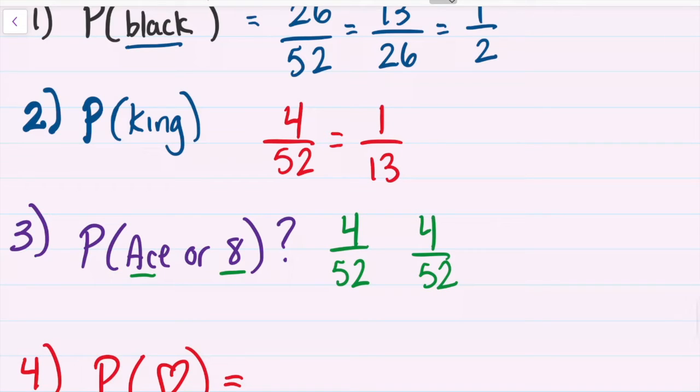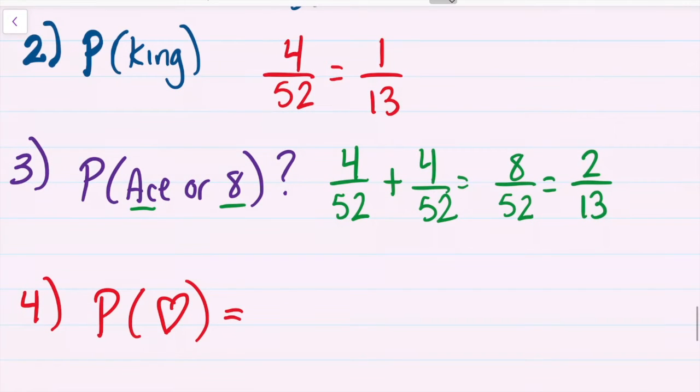And because I want either one to happen, I want to add these probabilities. I don't care about getting both at the same time, just either one. So that will make it a total of 8 out of 52. And if I were to reduce, guys, what's 8 divided by 4? I think 4 is the biggest number I can divide by. That will be a 2. What's 52 divided by 4? That will be a 13. So that's my probability for number 3.